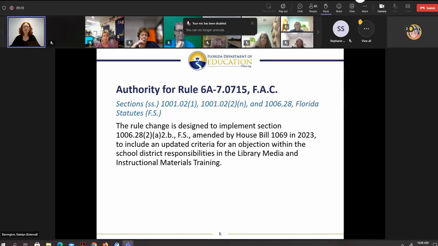The rule change is designed to implement Section 1006.28(2)(a)1.b., Florida Statute, amended by House Bill 1069 in the 2023 legislative session to include updated criteria for an objection within the school district responsibility section of the library media and instructional materials training.